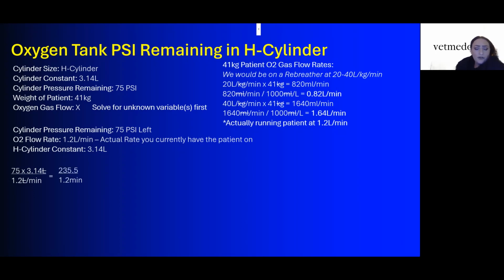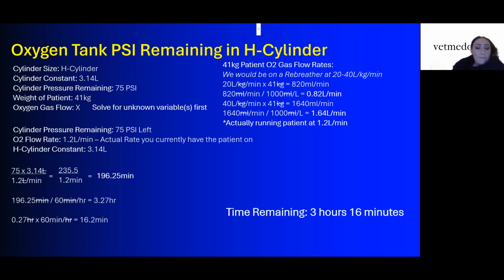It gives us 235.5 over 1.2 minutes, which equals 196.25 minutes. 196.25 minutes divided by 60 minutes an hour gives us 3.27 hours. 0.27 hours times 60 minutes an hour gives us 16.2 minutes. So time remaining is 3 hours and 16 minutes. Good to know is what an E cylinder constant is, which is 0.28 or rounded up to 0.3.